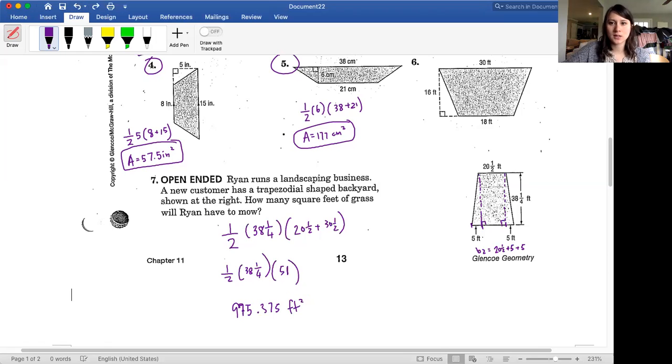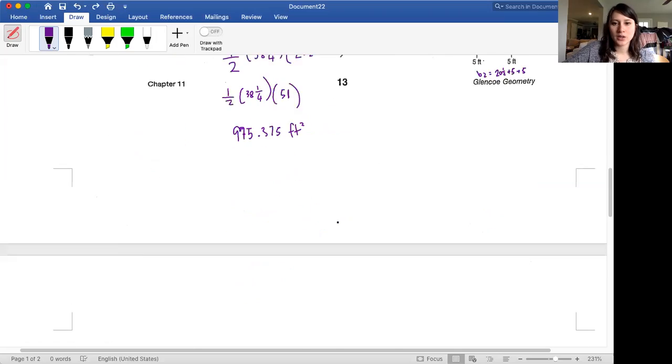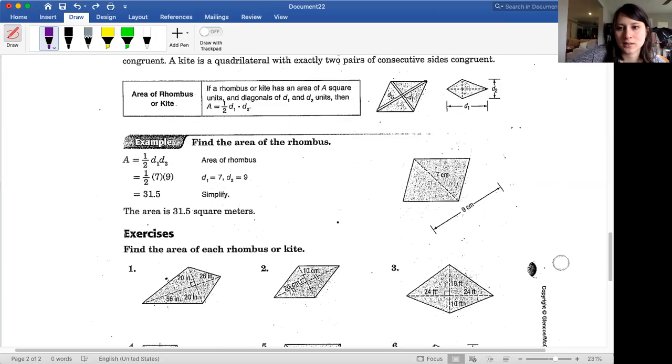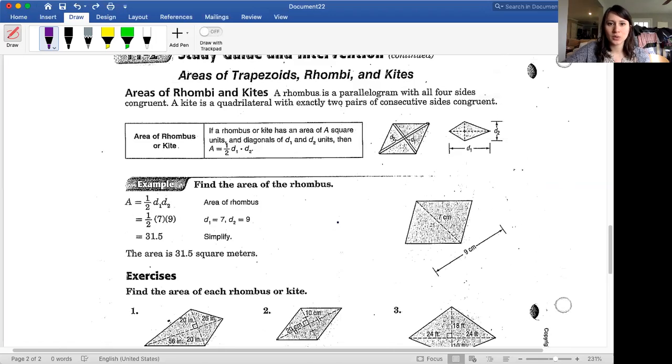Hopefully that made sense. Now we're going to take a look at the other two shapes, rhombi and kites. Rhombi and kites both have the same formula for finding the area. It's 1/2 times the first diagonal times the second diagonal.